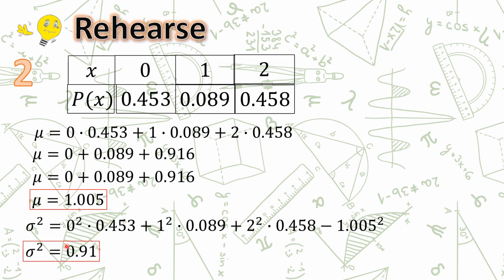You will get 0.91, rounding the answer to 2 decimal places. Since the standard deviation is the square root of the variance, we get the standard deviation as the square root of 0.91, and that is 0.95, rounded off to 2 decimal places.